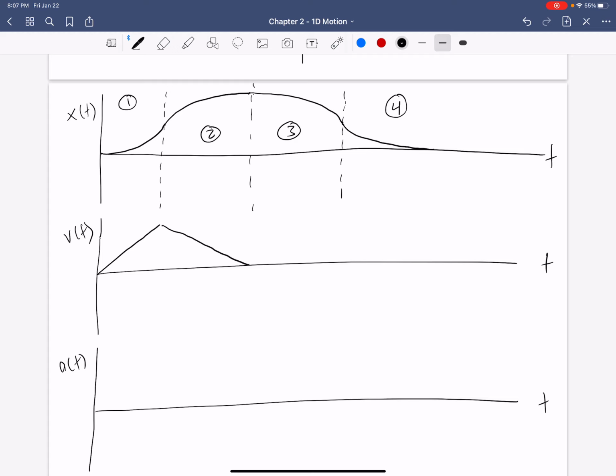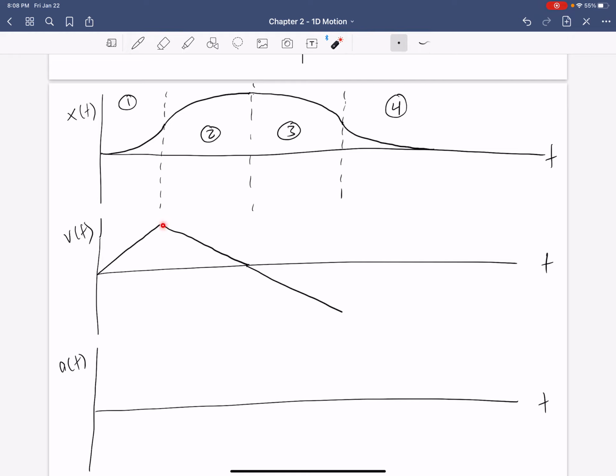And in section 3, we are speeding up in the negative direction. So the negative direction tells you that it has to be down here. This is negative v, right? Up here is positive, down here is negative. And if it's speeding up, that means that the magnitude of the velocity has to be increasing. So guess what? It's just a continuation of that line. Right?